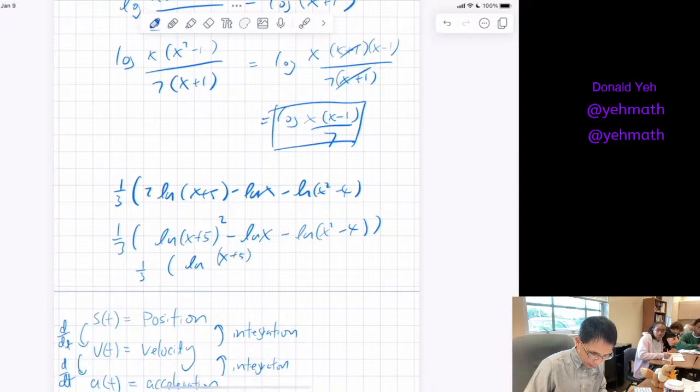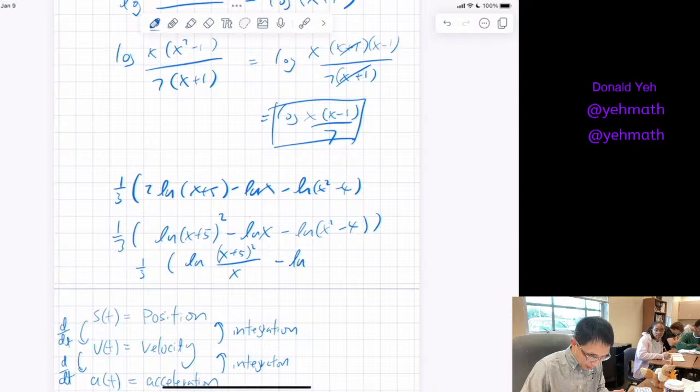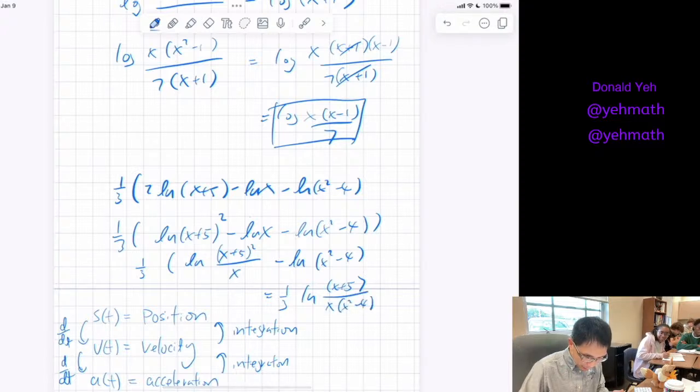So x plus 5 squared over x, because it's divided, minus natural log of x squared minus 4. And now go ahead and do that again. So 1/3 natural log of x plus 5 over x times x squared minus 4.